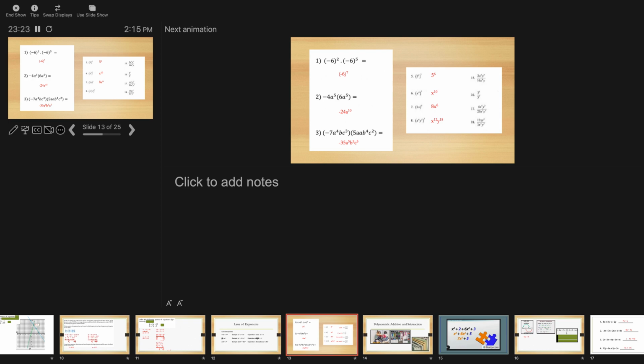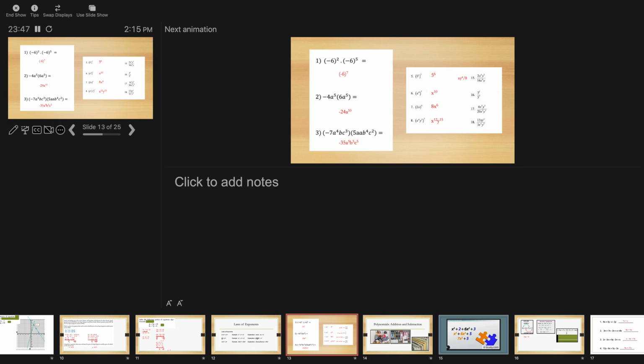Why does that say 6 there? Let me go back. I can't really go back. I don't know why that says 6 there. It should be 8x to the 3rd as I look at it. Okay, so that should be 8x to the 3rd.